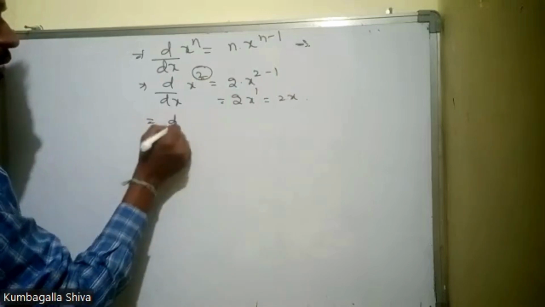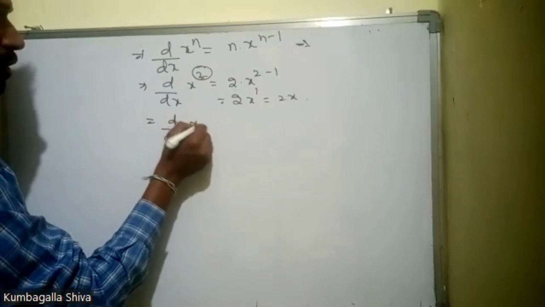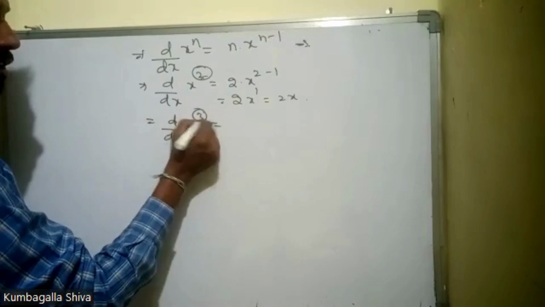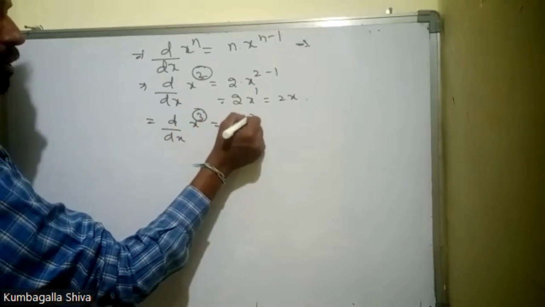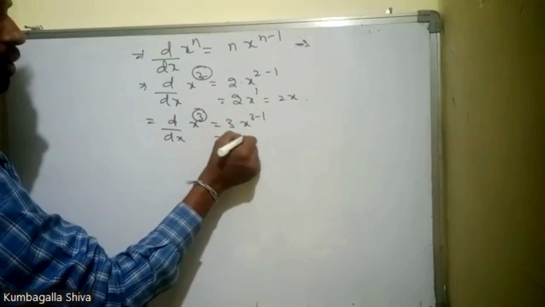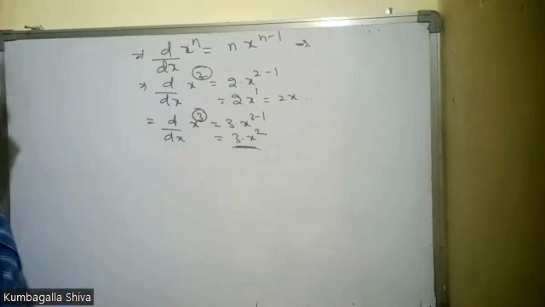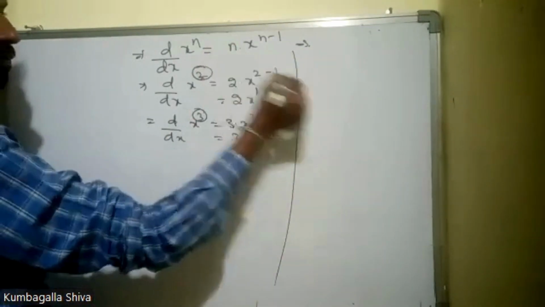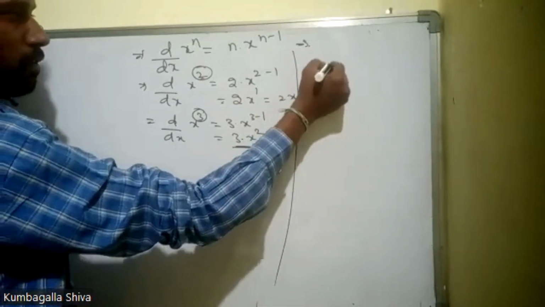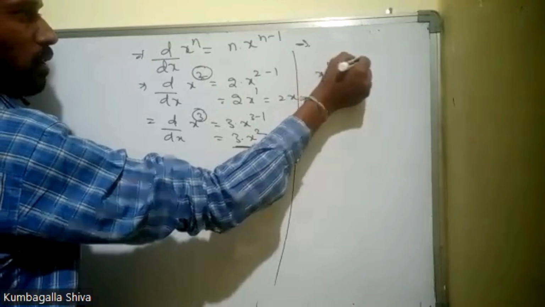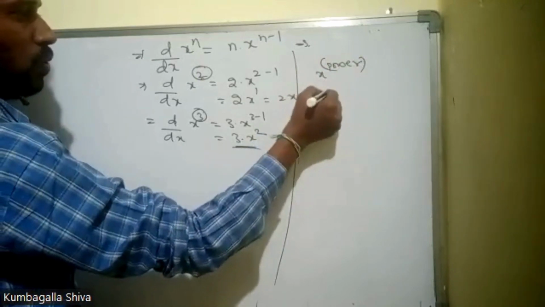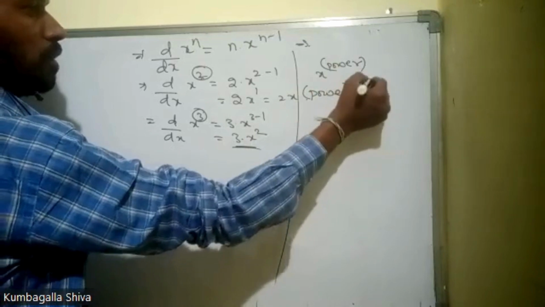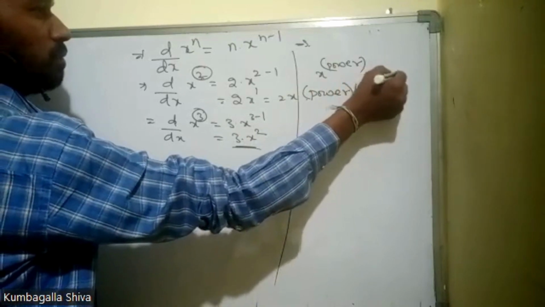Like that, d by dx of x cube means what do you get? Power is 3. So n is 3. So 3 into x power 3 minus 1, 3 into x square. So generally, whatever the power, remember: power into x power minus 1.